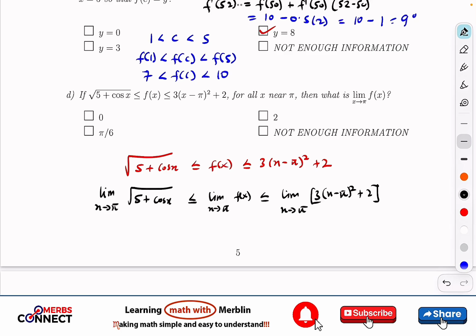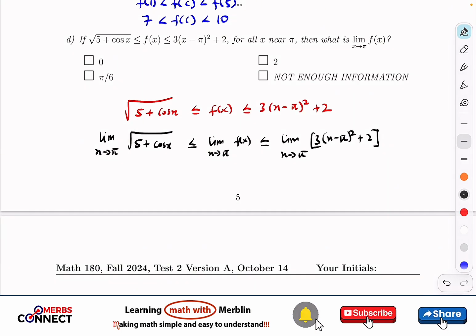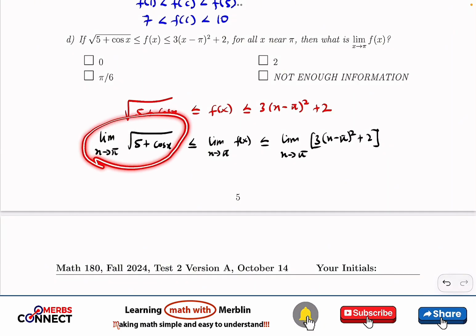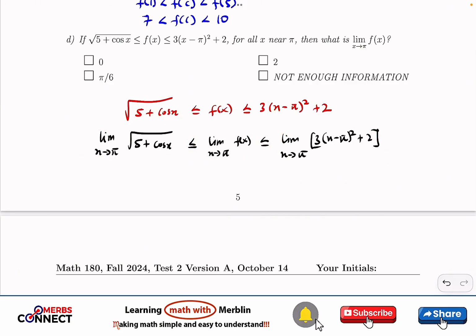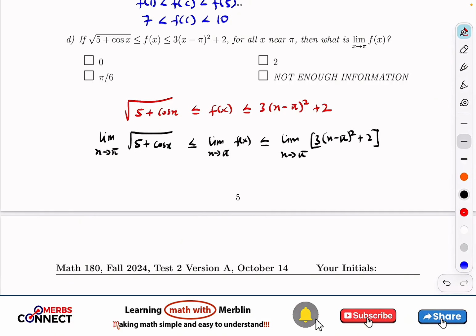So for the squeeze theorem, if we evaluate this and it's the same as this, then that value is equal to what is here. So now let's check it out and see what we are going to get. Now, this is not a function that we need to simplify, so let's do direct substitution first and see what is going to happen.